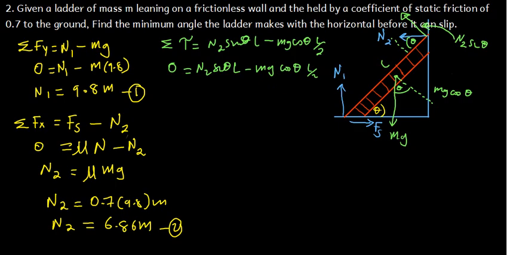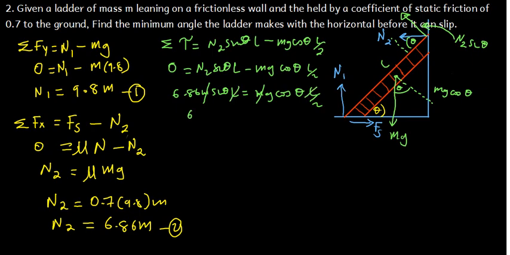So where there is N2, I'm going to put 6.86 m, and then sin theta L, and that will be equal to, this is going to remain positive because it goes to the other side, mg cos theta L over 2. So the mass here is going to cancel out with the mass there. The length also cancels with the length there.